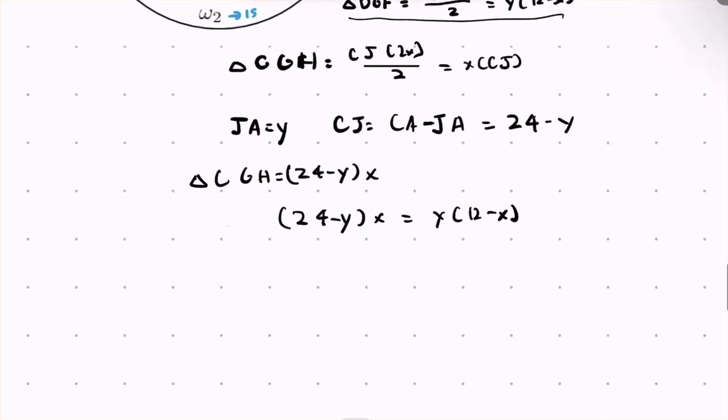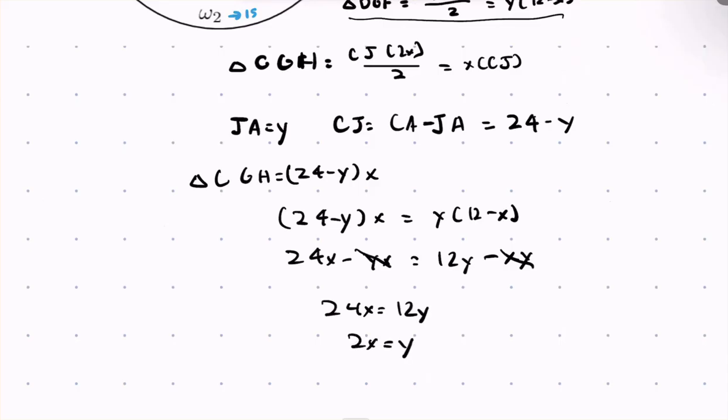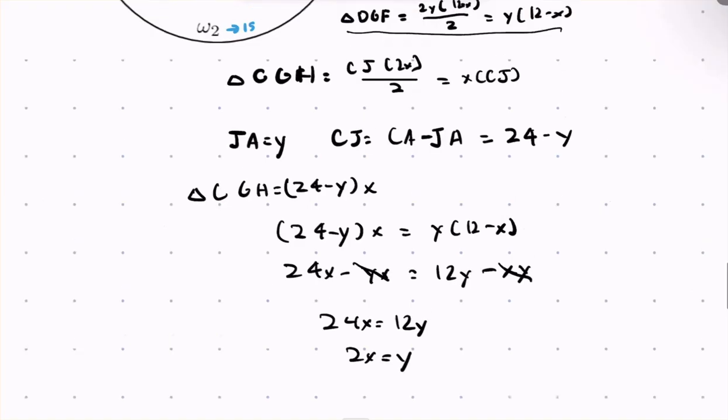Now we can expand: 24x minus yx is equal to 12y minus xy, and both of these xy's cancel out, so we have 24x equal to 12y, and 2x is equal to y. But notice something.